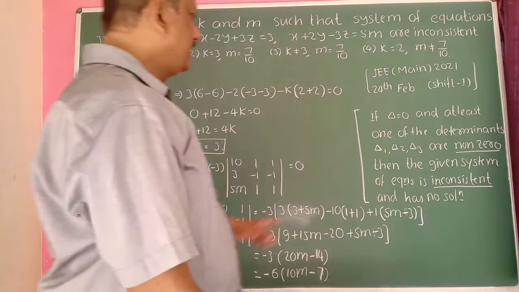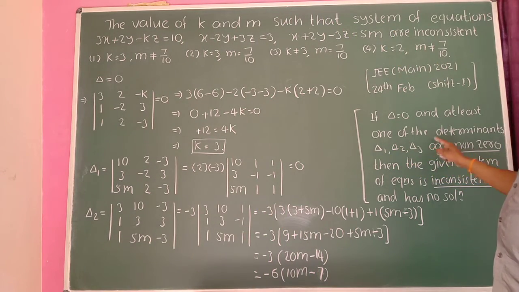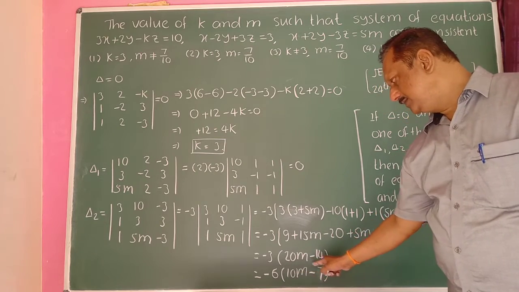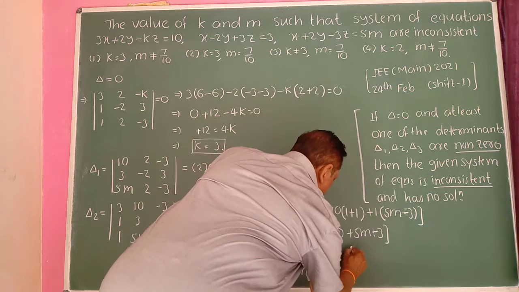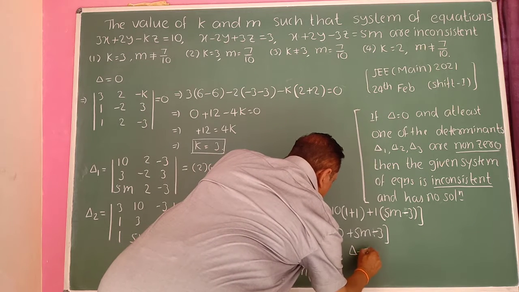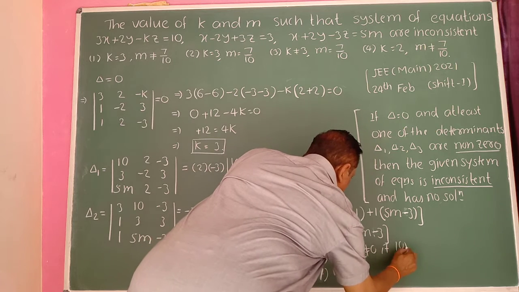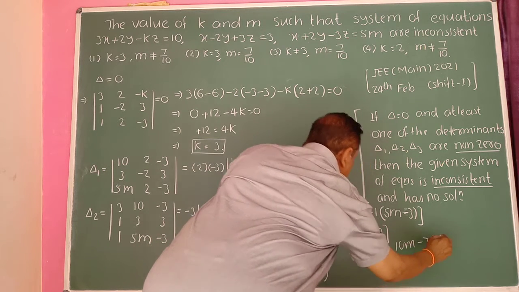Therefore, here they have given that at least one of the determinants delta 1, delta 2, delta 3 is non-zero. Therefore it is non-zero means when it is possible, then this should be not zero. Okay, therefore delta 2 is not equal to 0 if 10m minus 7 is not equal to 0.